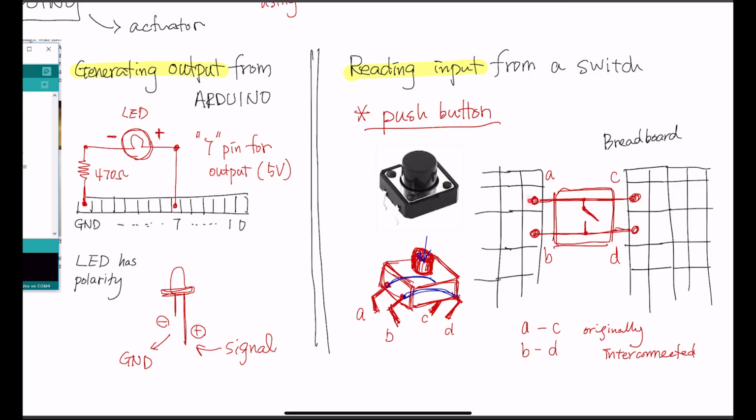So this row and that row should be used for this push button. You don't want to use this row and that row and expect this push button to function, because if you have your LED or whatever other circuit connected like that, then regardless of whether you press this down or not, this thing is always connected.